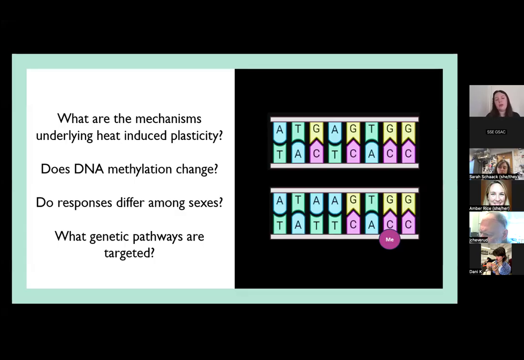We're going to try to do it in 5 degrees Celsius. Then we also want to see, do those responses differ among sexes? And if we do find changes in DNA methylation, are they in particular genetic pathways that we can start to think about what pathways may be directly impacted by changes in DNA methylation?